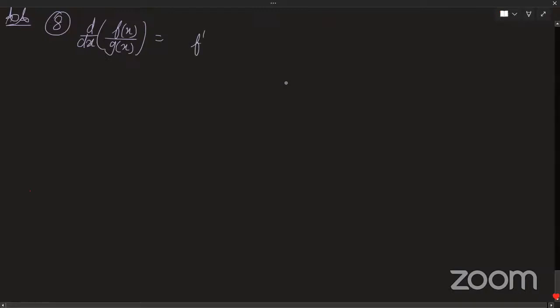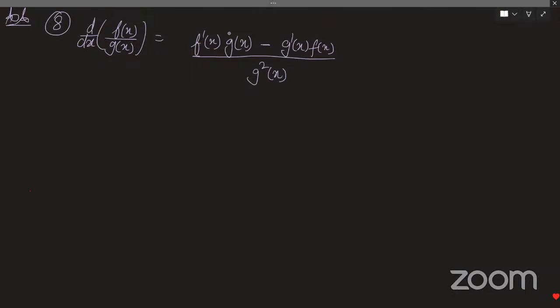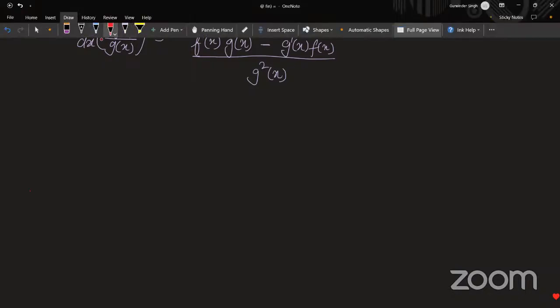You take the derivative of the top into the bottom as it is, minus the derivative of the bottom into the top as it is, whole divided by denominator square. This is how I used to remember it. So let us do a few questions.